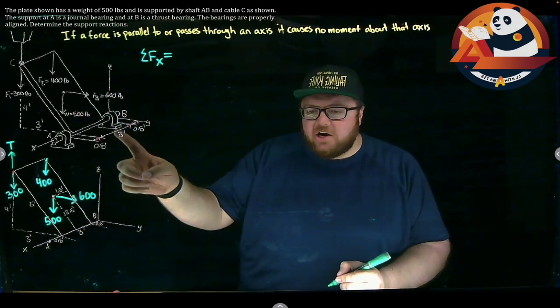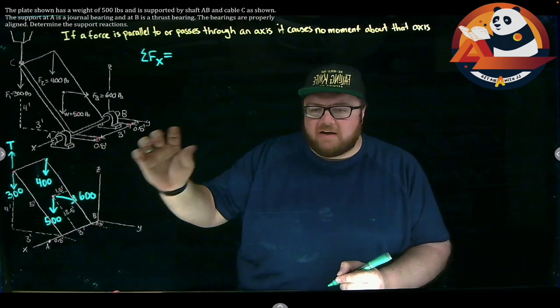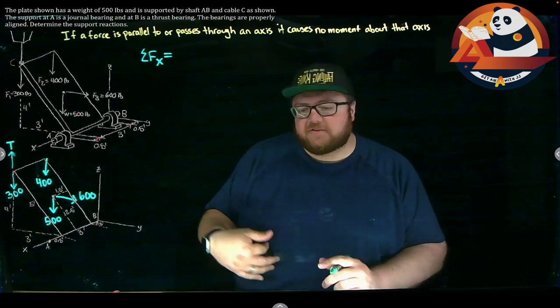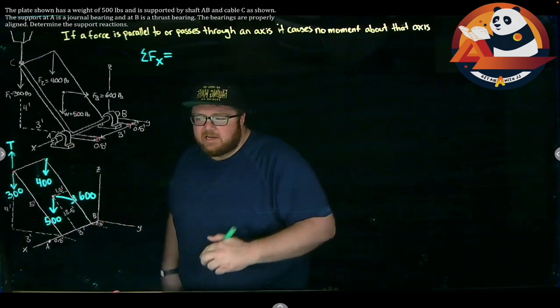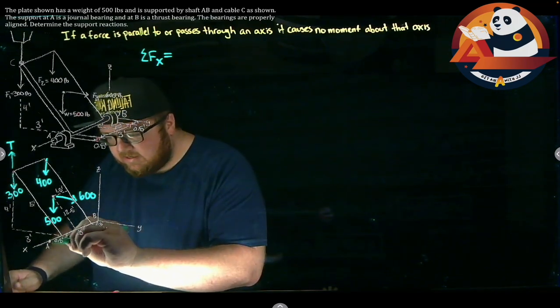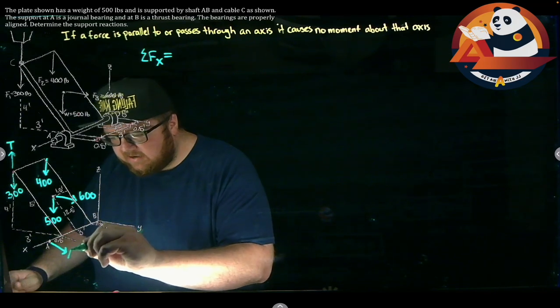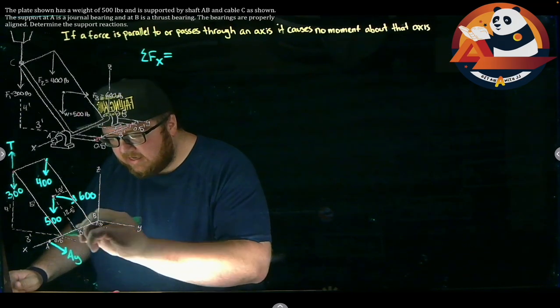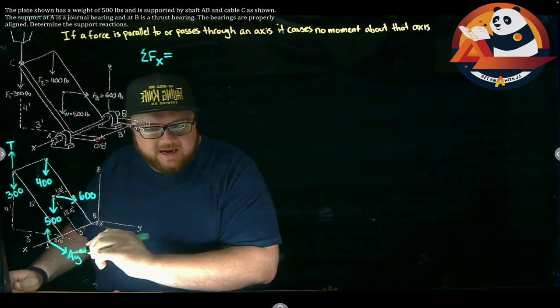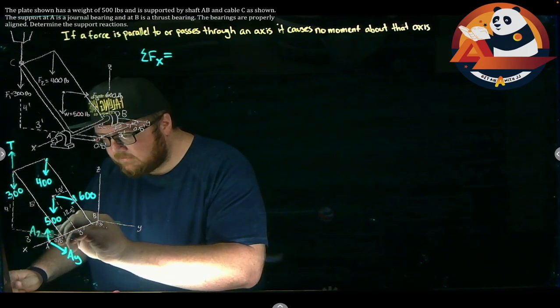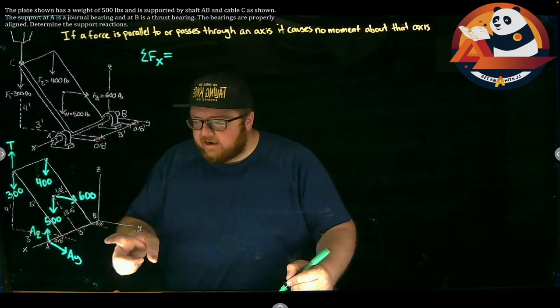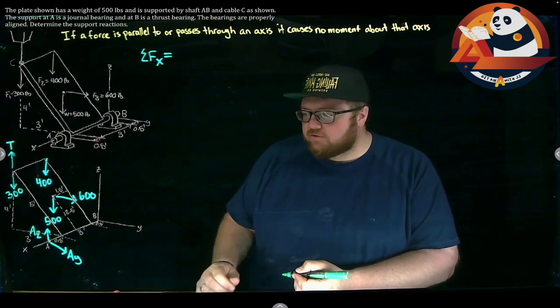Then we just need our unknowns. At A, we have a journal bearing. Journal bearings resist force perpendicular to our shaft. That would be in the y direction and our z direction. So I have an AY and an AZ. Out here at B, we have our thrust bearing.